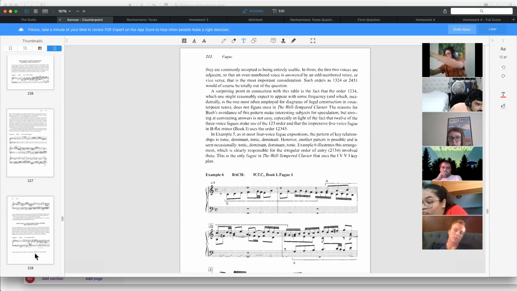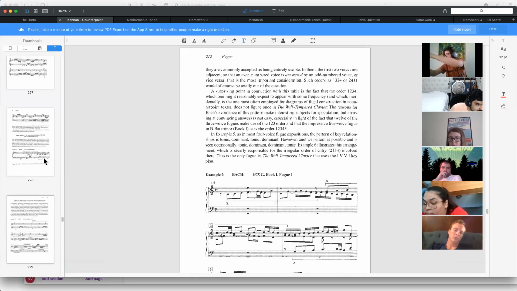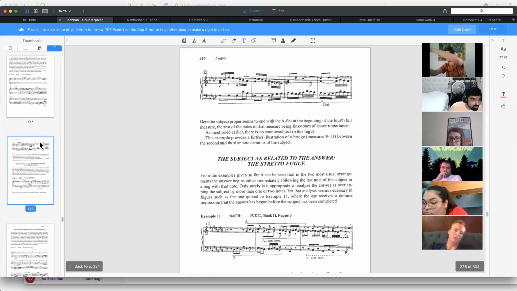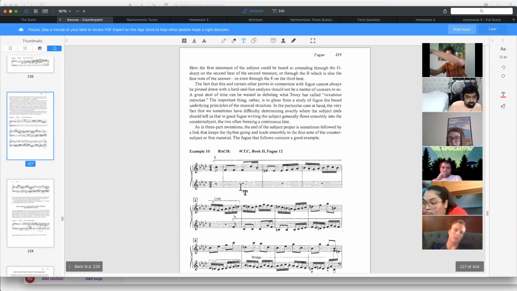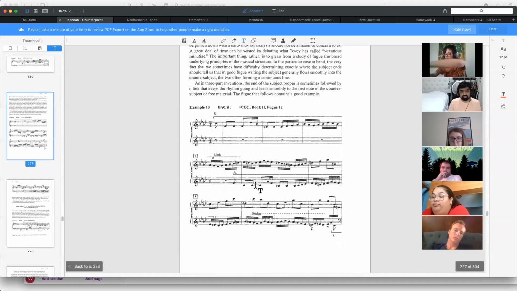I don't know how gratifying this will be once I actually find this. But right here. Here's the F minor fugue.